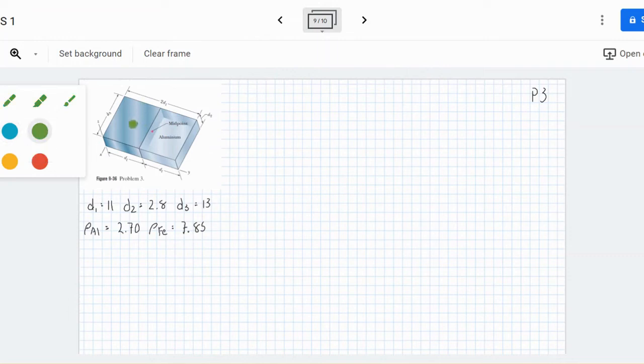So for example, this iron center of mass is going to be right in the middle, X, Y, Z in the middle. And this aluminum center of mass is going to be right in the middle of the aluminum. And so given the coordinate plane that we have here, we want to try to figure out where these individual centers of mass are of the iron half and of the aluminum half.